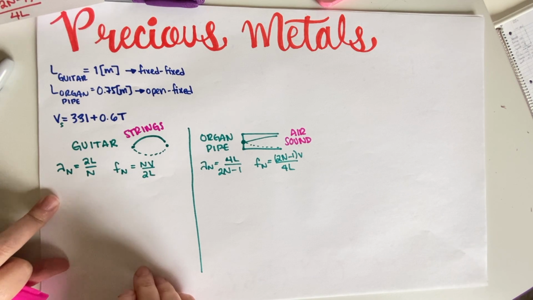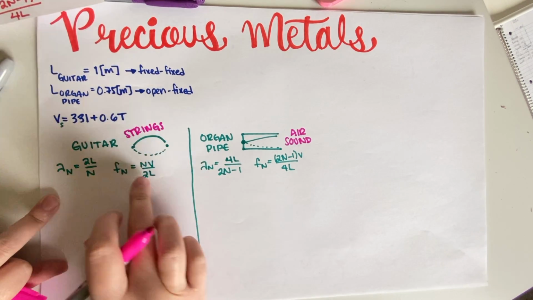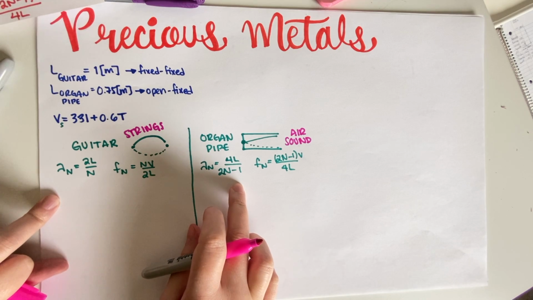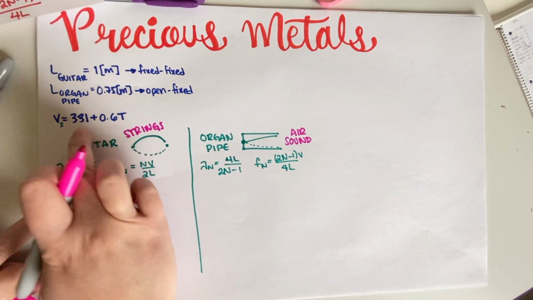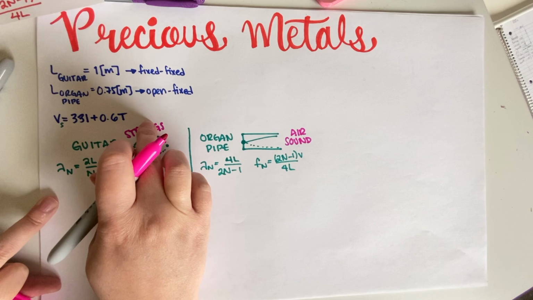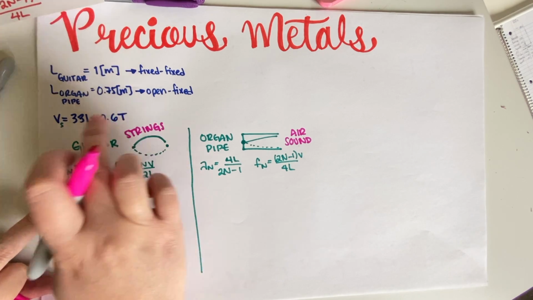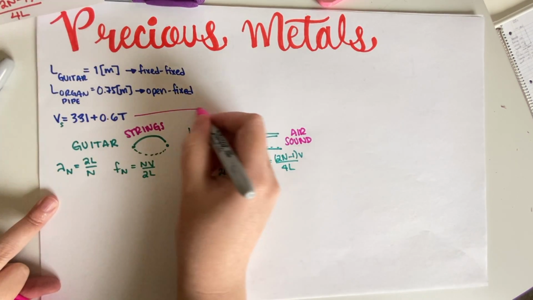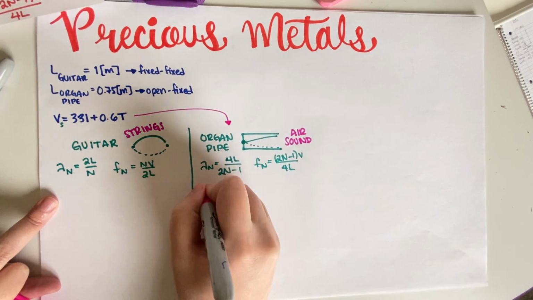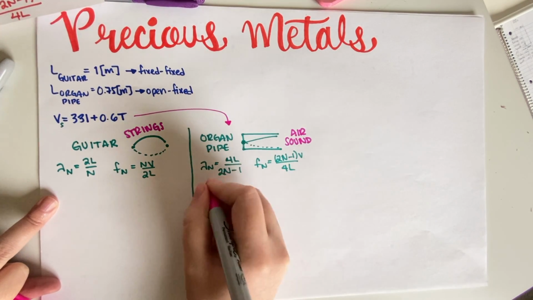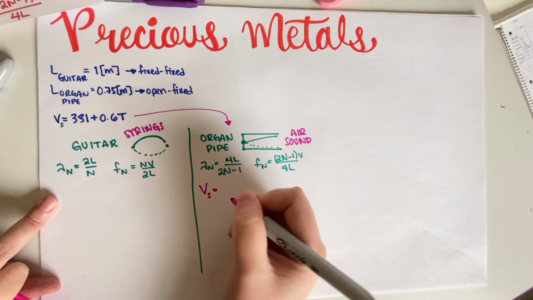So for both of them, not only are we using different equations, but we are also going to have a different velocity. This velocity is the velocity of sound in air. So this velocity actually goes here.